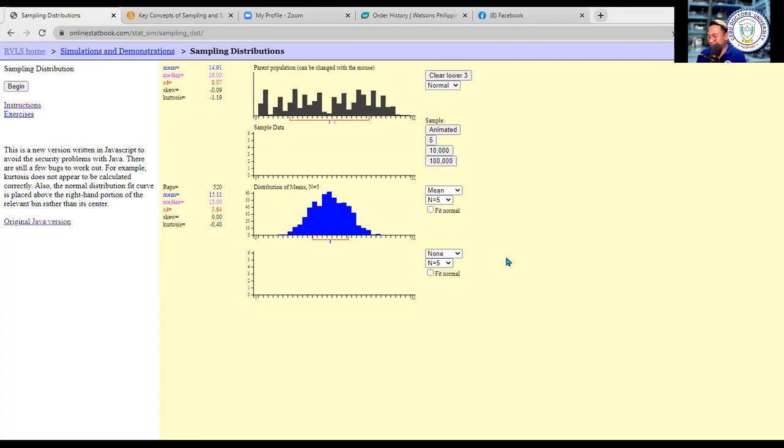What happens to the curve? Very good. It is approximating a normal distribution.